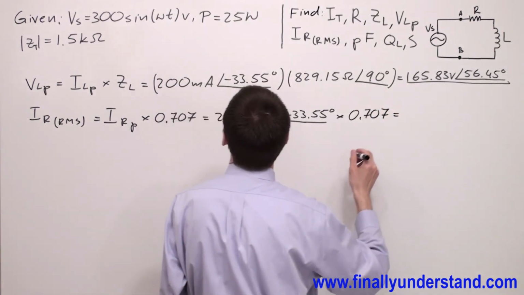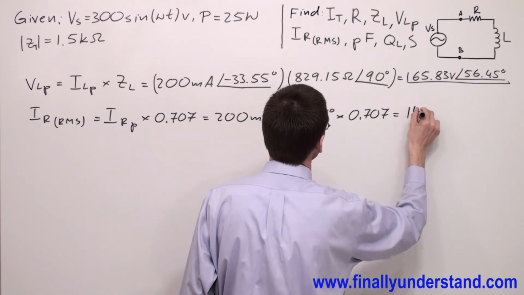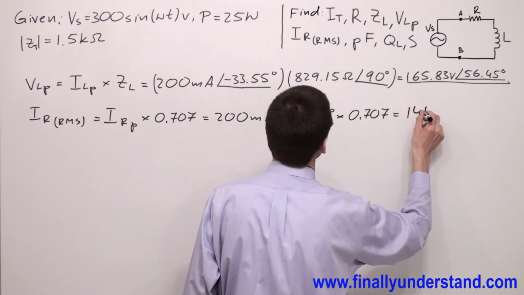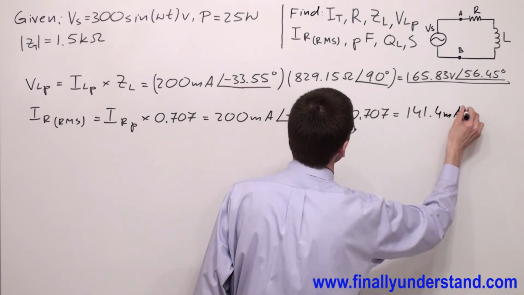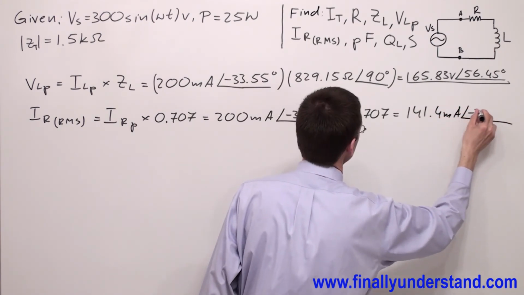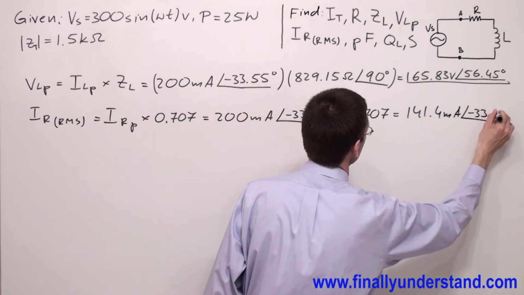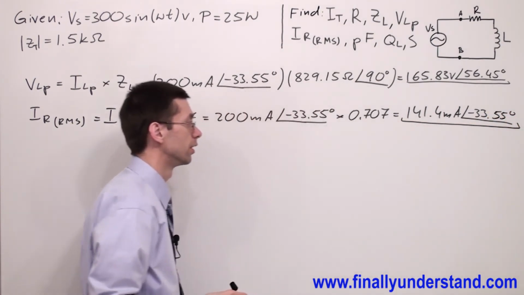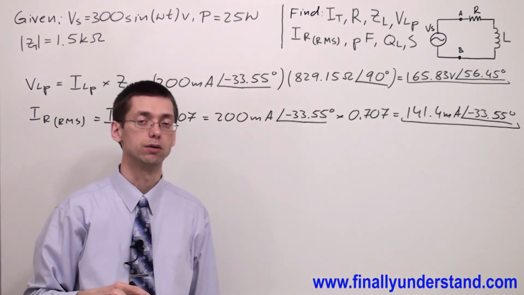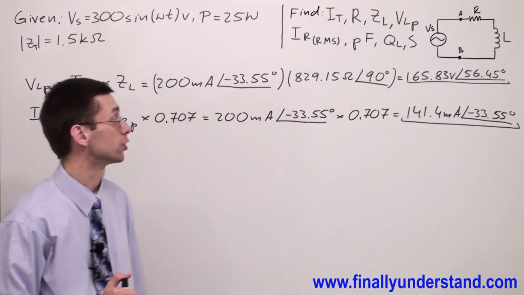This is equal 141.4 milliamps, an angle of negative 33.55 degrees. So this is the RMS value of my current in the circuit.